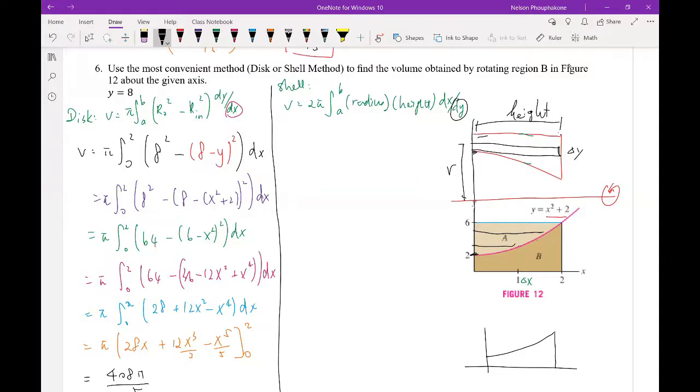In this case, we need to separate this into two parts. The first part is where the radius is from 0 to 2, and in this case right here, the height is 2.